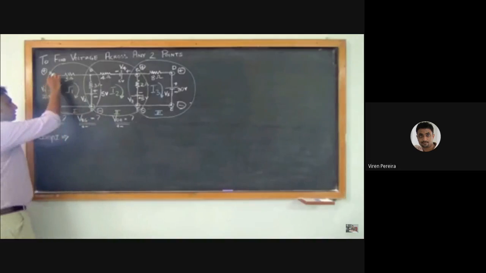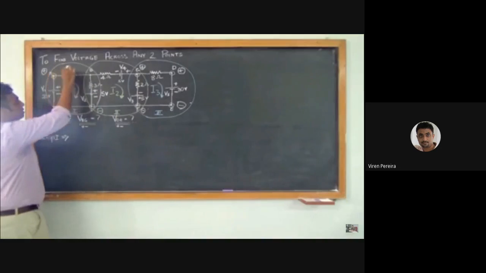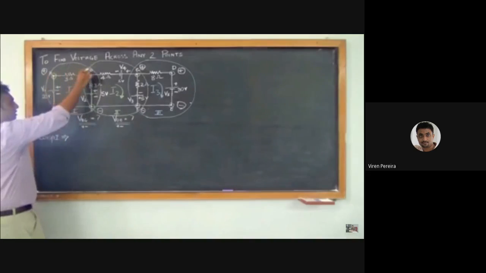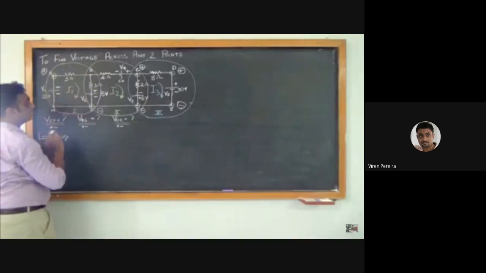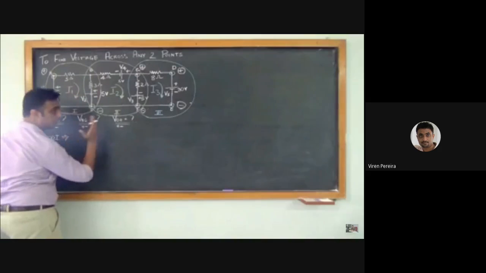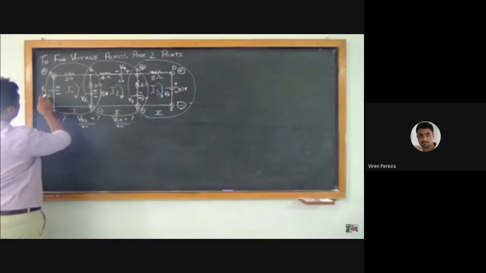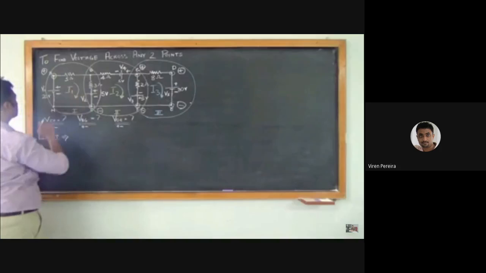So we will first check the voltage sources in this loop. This is loop 1, which is A, B, G, H. How many voltage sources are there? We'll keep voltage sources on one side and drops on the other side. So we are having V1 and we are having V2. So we are having two voltage sources.